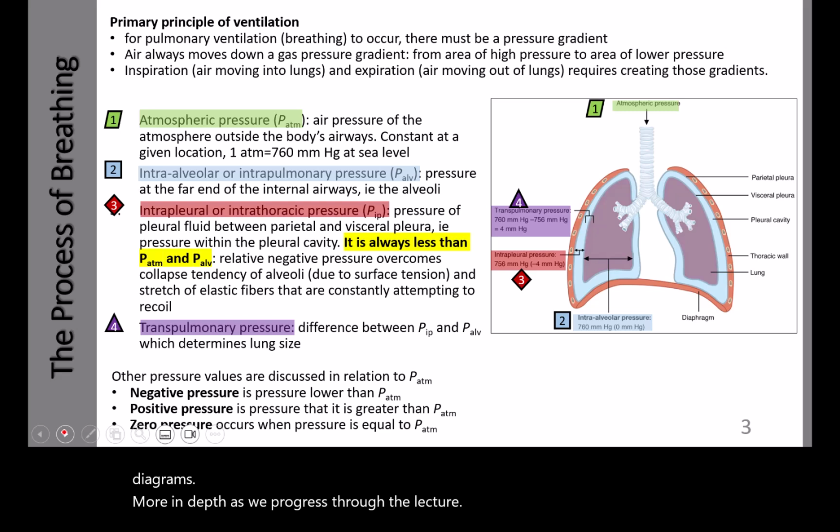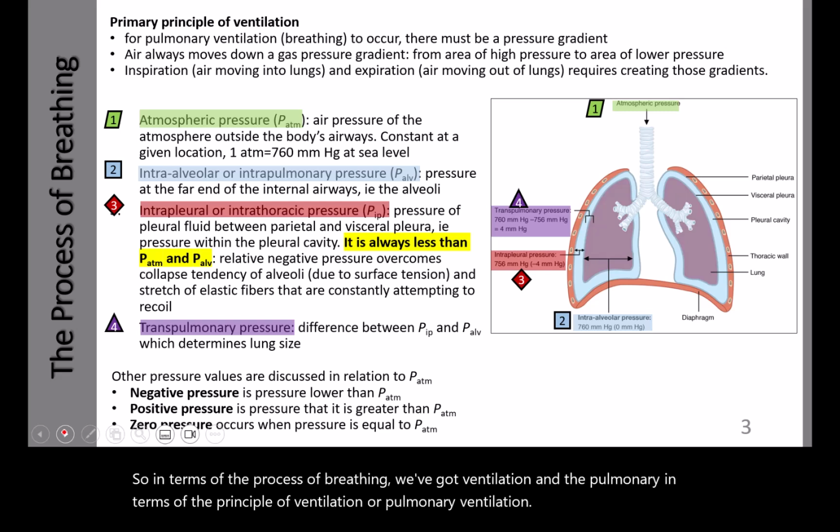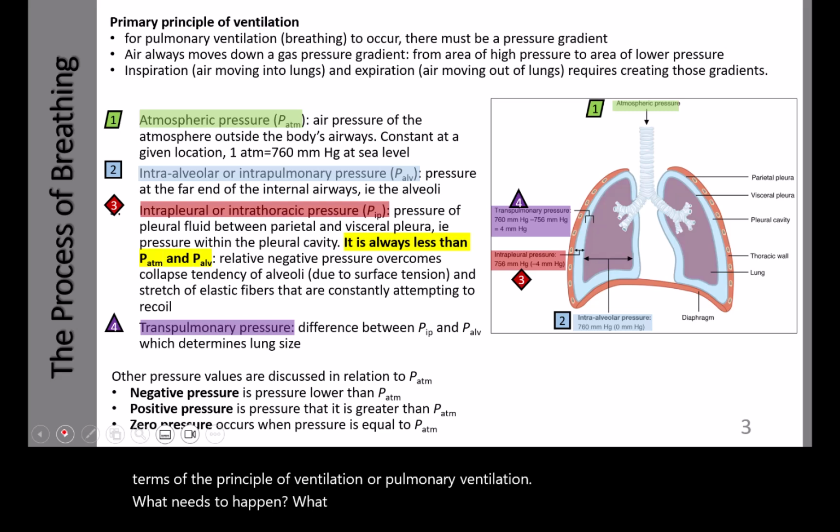So in terms of the process of breathing, we've got ventilation. In terms of the principle of pulmonary ventilation, what allows it to occur is a pressure gradient.